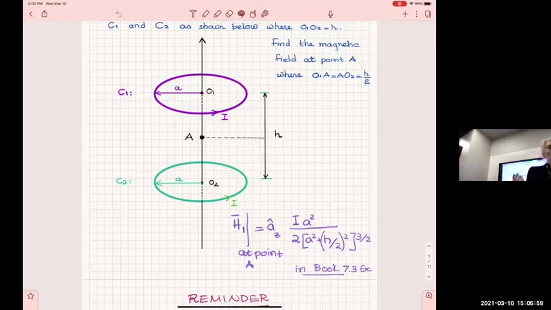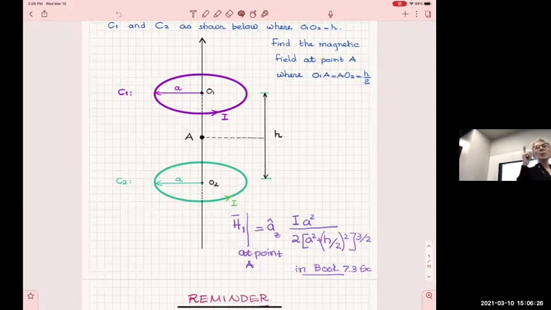Superposition is extremely important when we come to electric and magnetic fields. You cannot superimpose power or energy, but you can superimpose fields. So here what I will do is consider each loop separately, get the solution which we found is available, and then use this solution to find the total field.